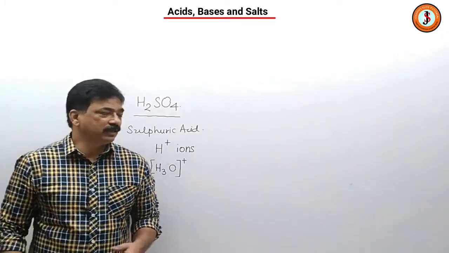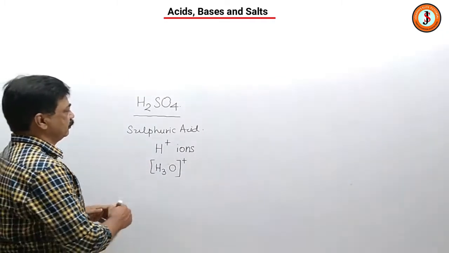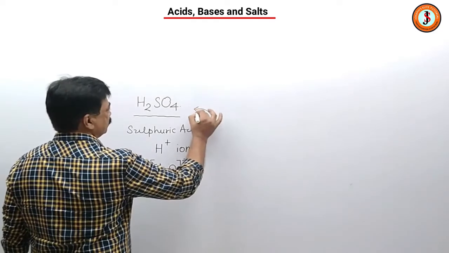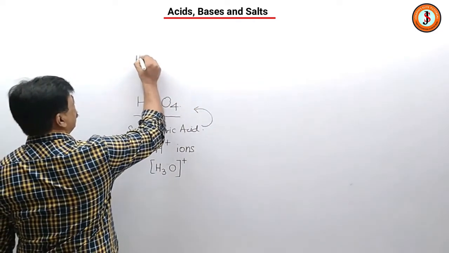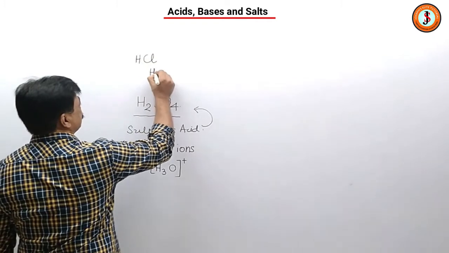Now, certain acids: H2SO4 is sulfuric acid, and HCl is hydrochloric acid.